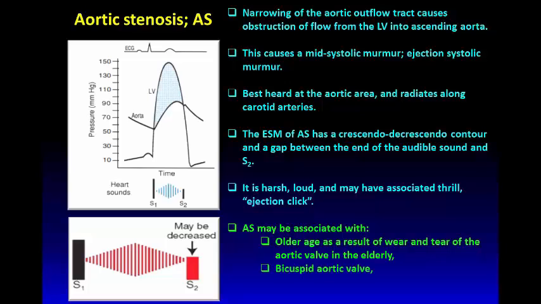Aortic stenosis might also be caused by a bicuspid aortic valve, when the aortic valve has two cusps, and rheumatic fever might also result in stenosis of the aortic valve as a result of scarring of the aortic valve, as in children and young adults.